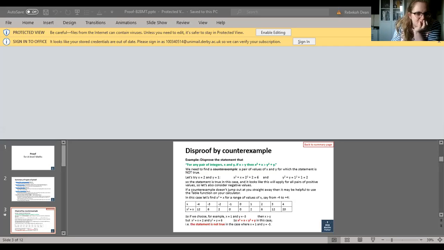Let's have a look. Menu. Table. So we are nearly there.